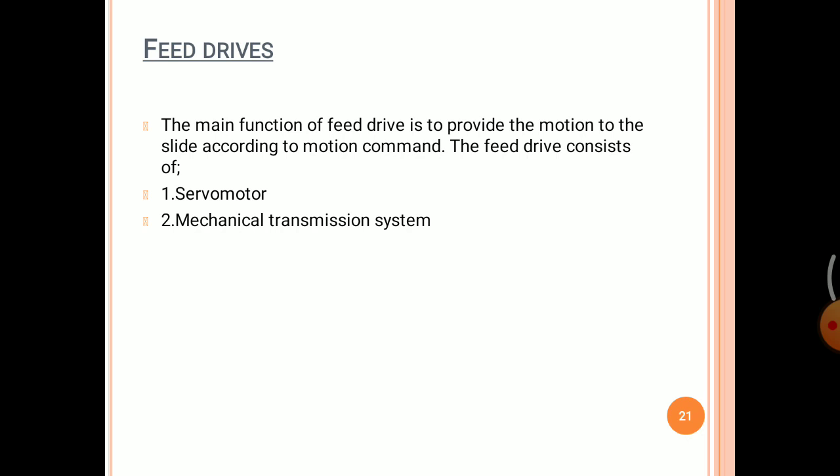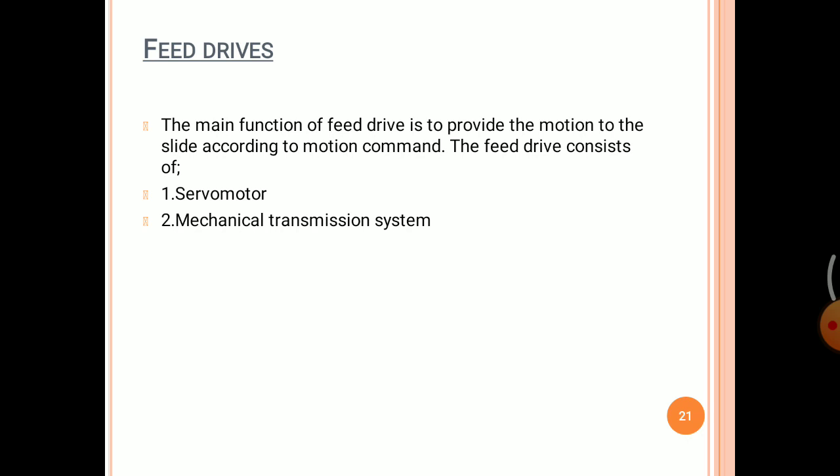We make use of sensors which give us the actual position and actual speed of the slide, and that can be compared with the required position and required speed of the slide.